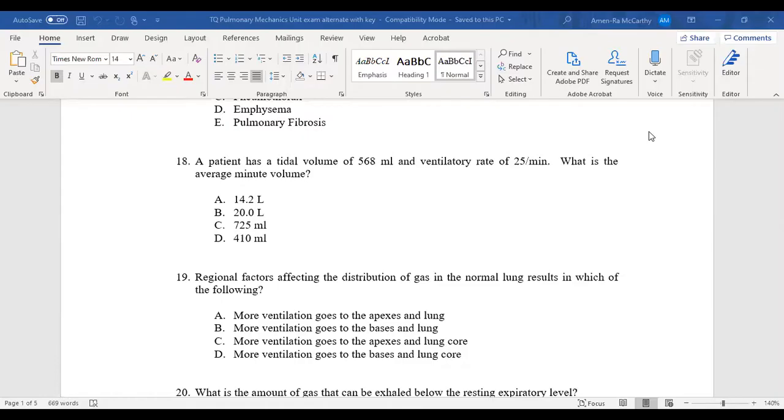All right, good, Miss Rose, Thomas, Kayla. Yeah. What is the minute ventilation? Rate times frequency. I mean, frequency times tidal volume. What you got, Miss Taylor?